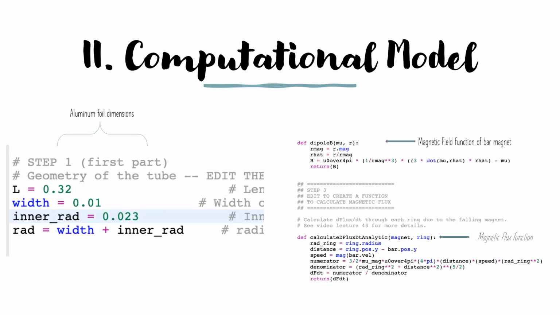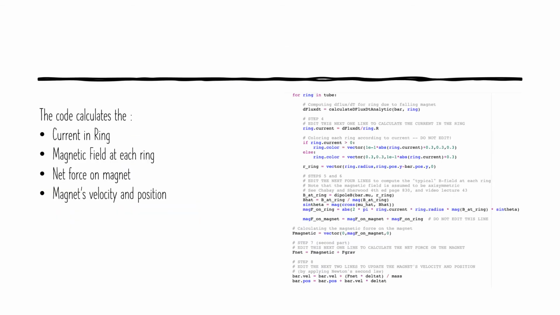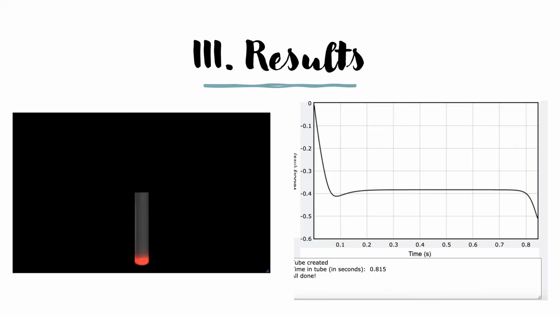For the computational model, the aluminum foil dimensions were entered as constants, and a function to calculate the magnetic field was created, and the magnetic flux also. The code calculated the current in each ring, the magnetic field at each ring, the net force on the magnet, and the magnet's velocity and position.